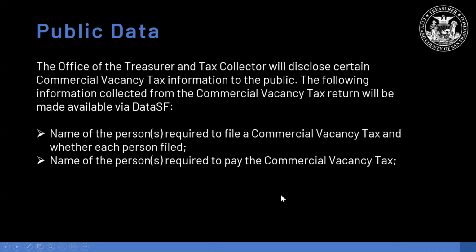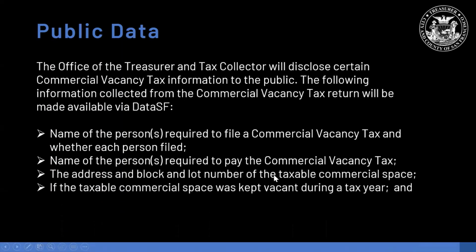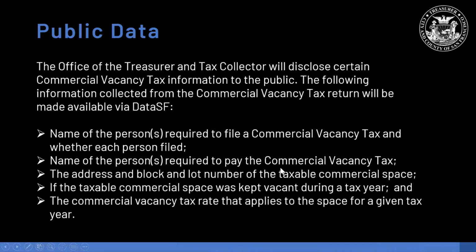Name of the persons required to pay the commercial vacancy tax. The address and block and lot number of the taxable commercial space. If the taxable commercial space was vacant during a tax year, and the commercial vacancy tax rate that applies to the space for a given tax year.